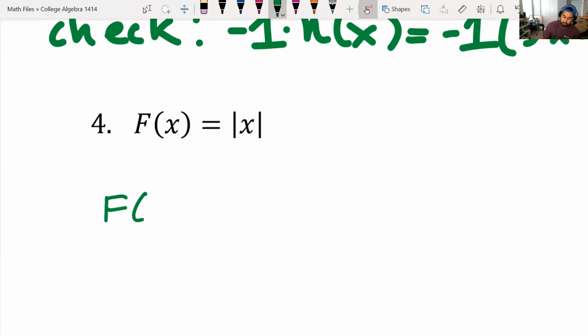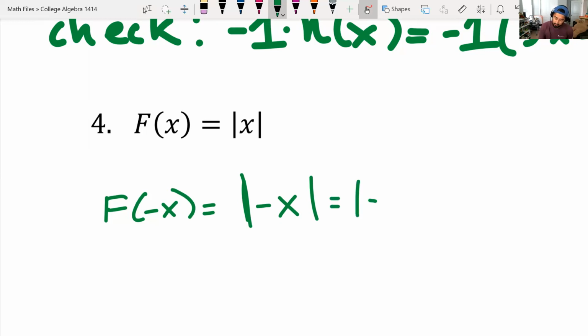So again, check f of negative x gives me the absolute value of negative x. Okay, well, we know the absolute value makes everything inside positive, right? But we have to do this properly. So what I'm going to do is just pull out that negative 1. So we're going to get the absolute value of negative 1 times the absolute value of x.